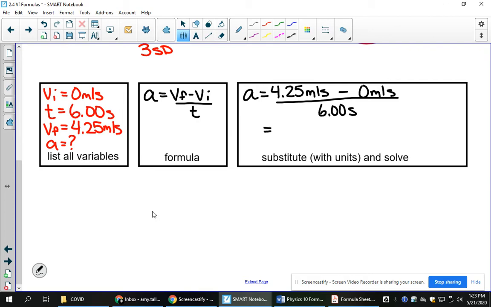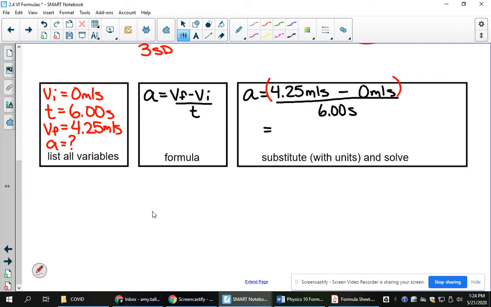Now, how do you put something like this in your calculator? Well, those of you thinking ahead might think, when I subtract 0, nothing happens. I can just put 4.25 divided by 6. But let's do this in our calculator as if that wasn't 0. The important thing to do is tell your calculator that both of these numbers are in the top.